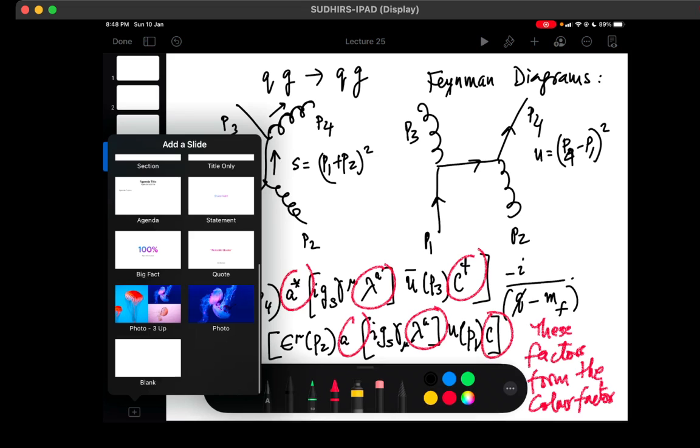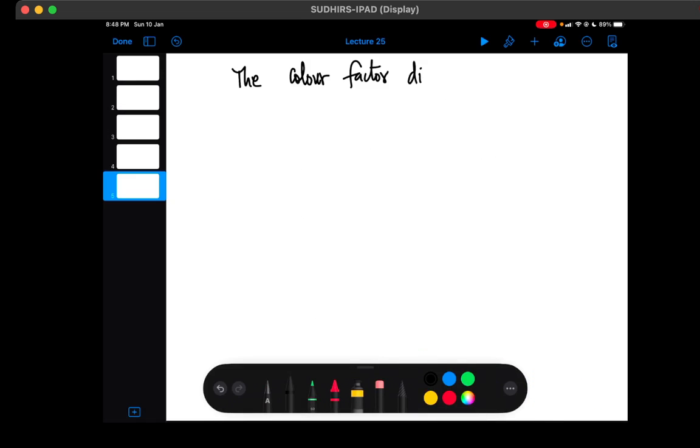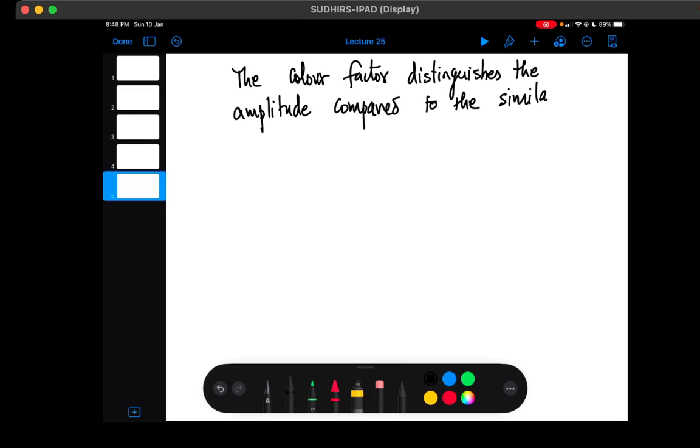The color factor distinguishes the amplitude compared to the similar amplitude in QED.